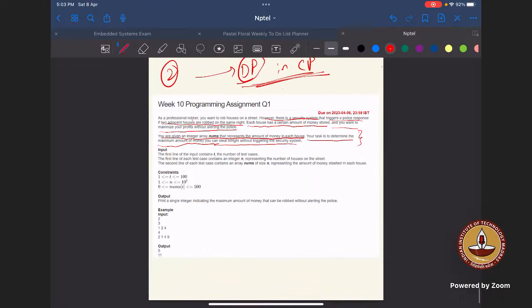You are a robber, and let's say there is an array of integers. Every integer represents the money stored in the ith house.